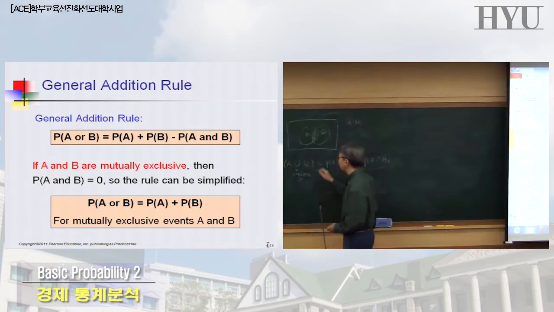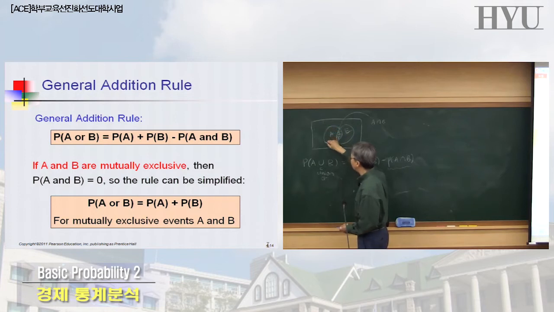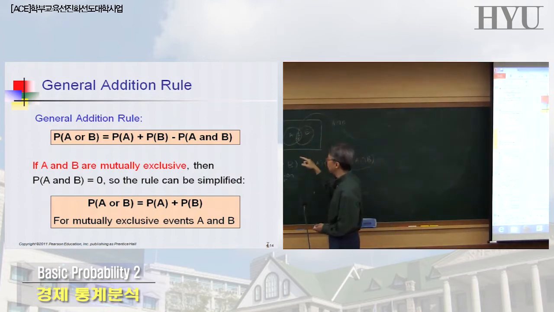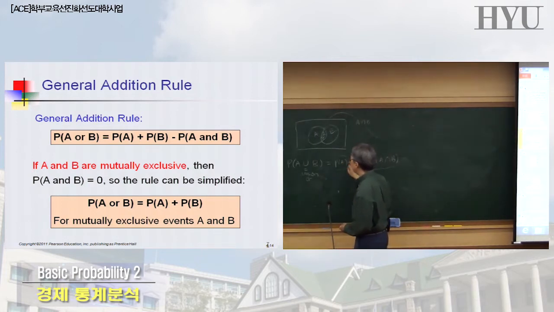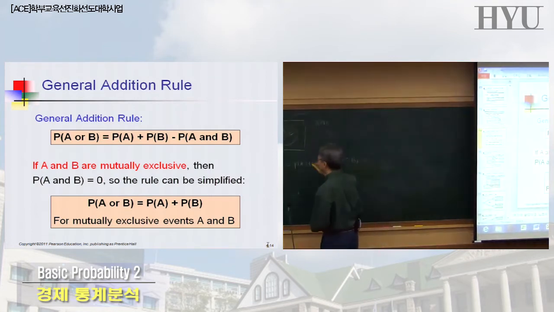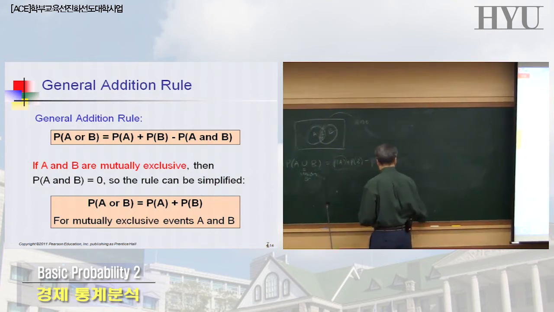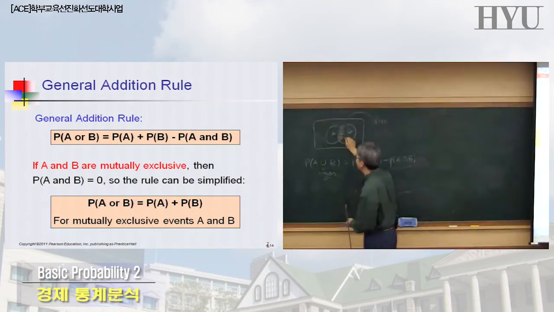So logically you can understand what we are doing here. We're trying to find out the total area covered by A and B. If you pick any element at random out of the entire sample space, we're trying to find out the probability that the element will be somewhere in this area. So if you add probability A, this size, to the probability of B, which is this size, then we are adding this particular area twice.